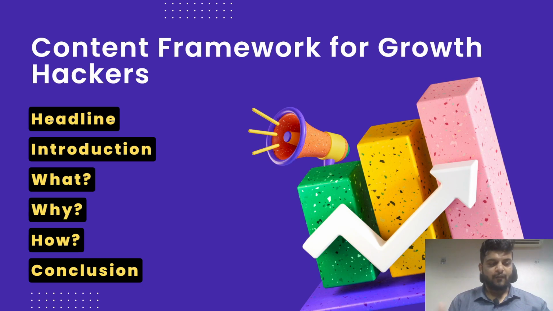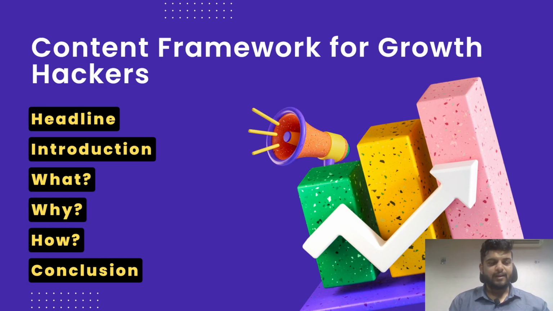After that, the fifth point would be how. So how you are writing, how you want people to know about this thing, this complete process comes under the how. How also means that you will be writing some pictorial thing or some charts that you want to display, giving some outline of that content or topic.